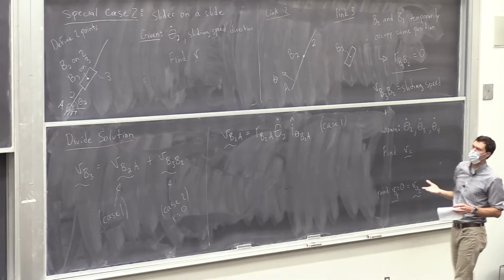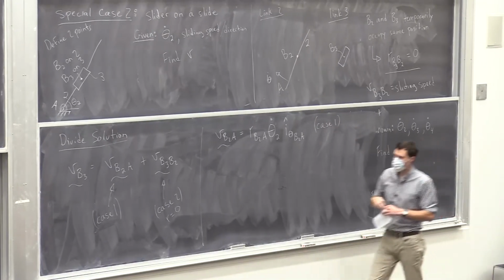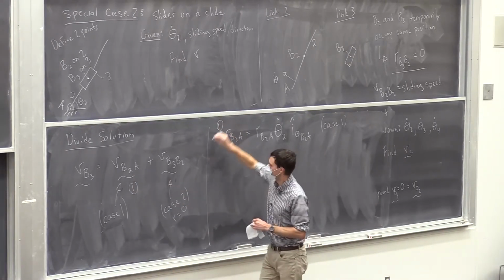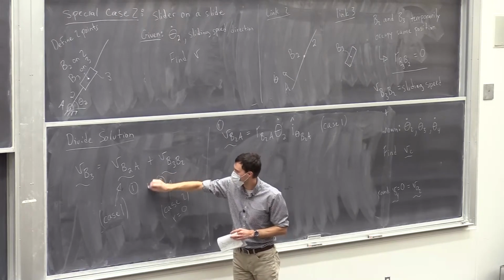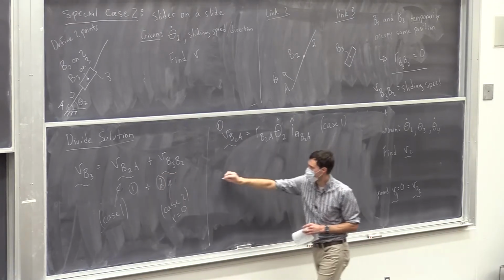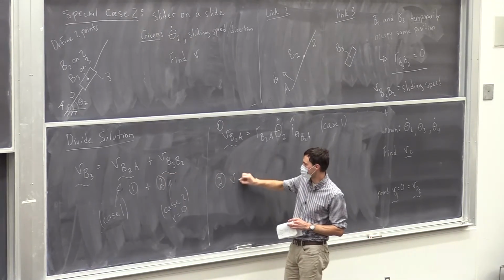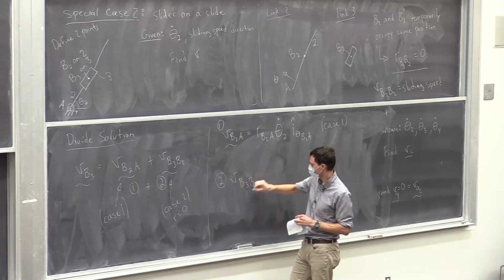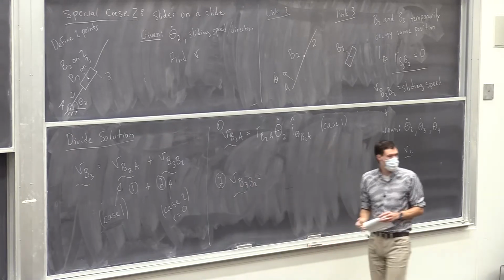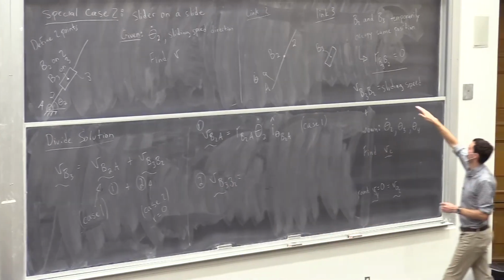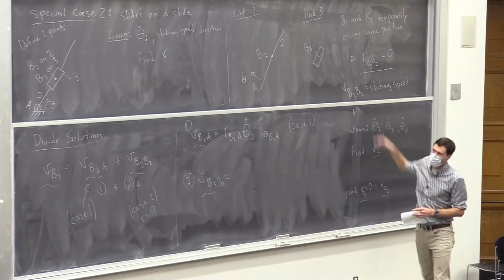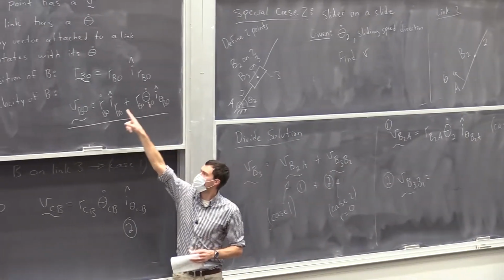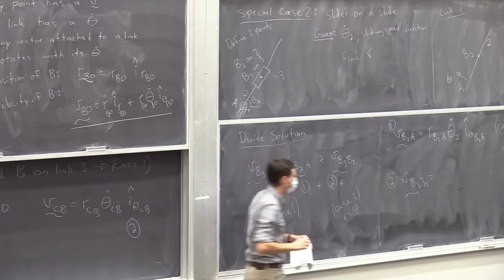That was our first piece. Our second piece, we basically have already answered. B3 relative to B2 is just the sliding speed, right? That's what we said here. If r equals 0, we're left with just the radial component.